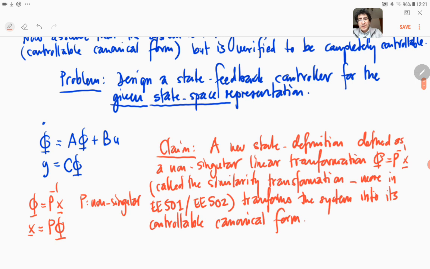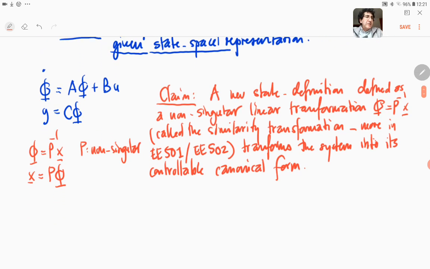This is a claim, but we haven't yet shown it to be true. At this point, such a P has to be found, and we haven't yet discussed how to find this particular P.